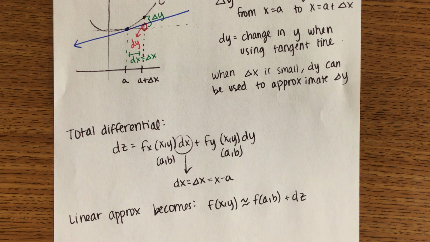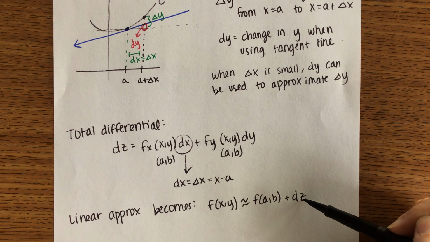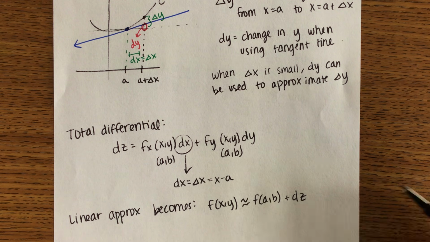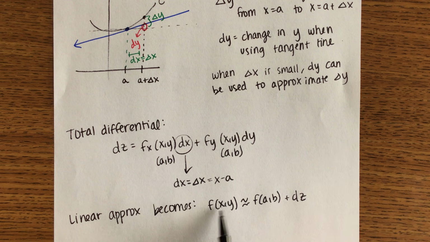Okay, remember, dz is estimating delta z. Delta z is the real change in z. So f of xy really is f of AB plus delta z. So it's the real z value and then adding on the change in z. But instead of using delta z, we're approximating delta z with dz.